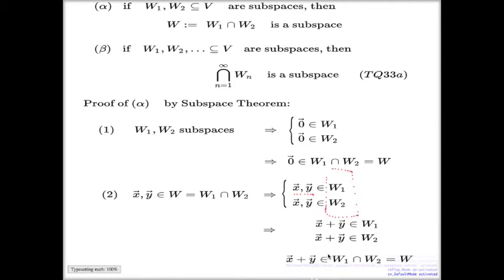And the same claim can be made about W2, because W1, W2 are subspaces. And then I make another reference to the intersection. If some vector, in our case the x plus y vector, belongs to W1 and W2, it will belong to the intersection of W1 and W2. And that's why we come to the objective. Every step is perfectly justified.